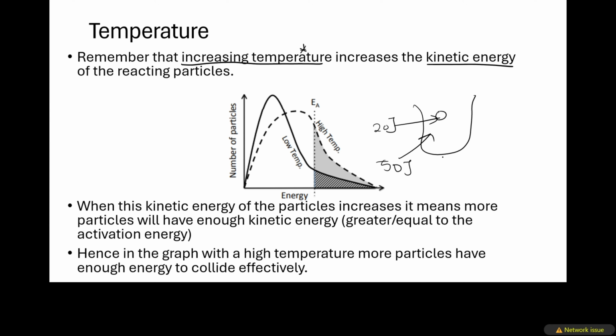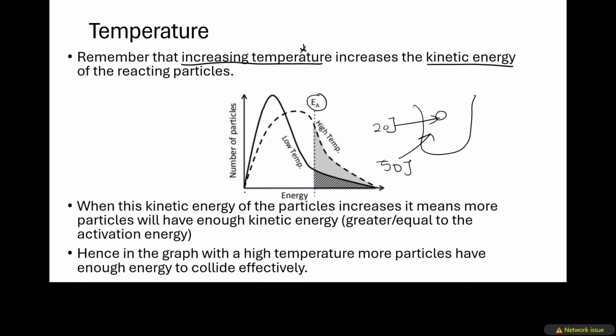So it means you have increased its kinetic energy. The whole point of increasing the temperature of the reactants is increasing their kinetic energy. So when they've got a higher kinetic energy, more of them will be able to react, because their kinetic energy must be high enough to meet the activation energy.